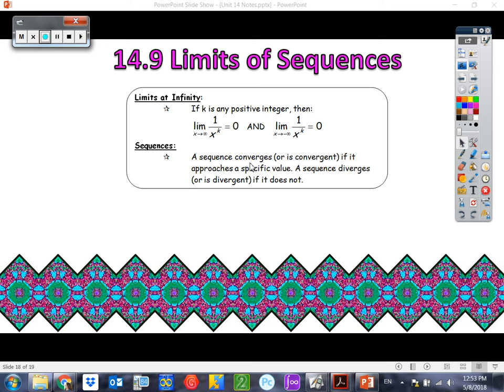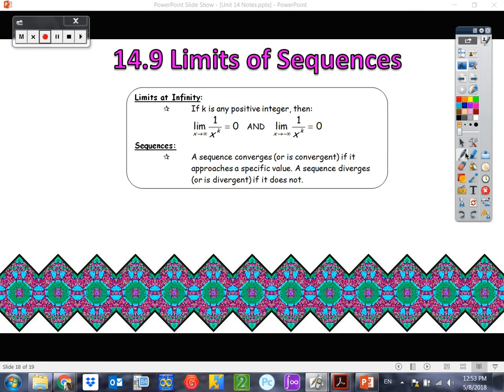So a sequence is going to converge or is convergent if it approaches a specific value. In other words, if the terms of the sequence, as you list them, so remember a sequence is a list of terms, whereas a series is all those terms being added up. So if the actual values of each term are approaching a specific number, we would say that the sequence converges.